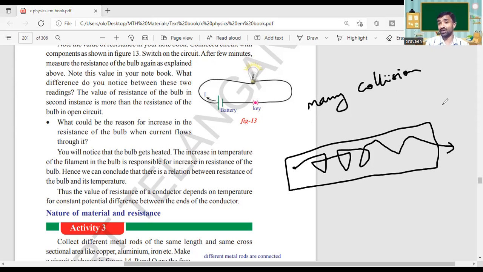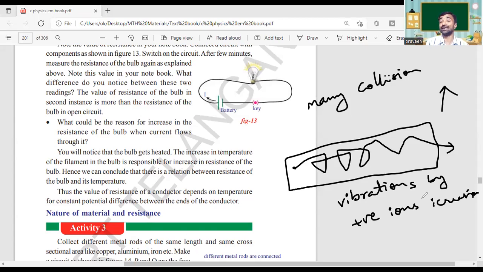So when the temperature increases, the vibrations made by the lattice particles also increase. This is the reason for the increase in the resistance of the conductor.